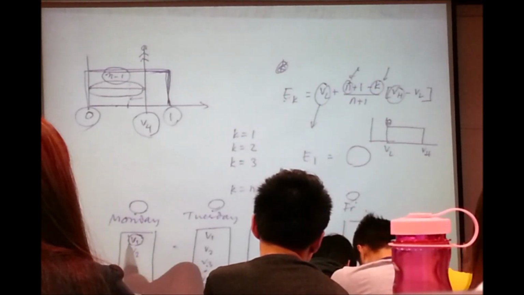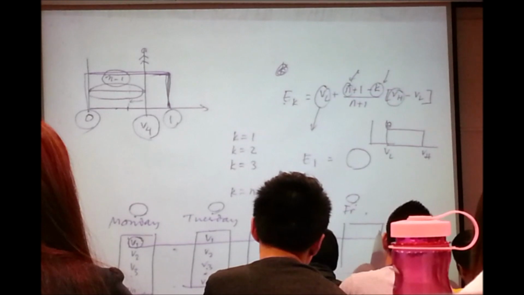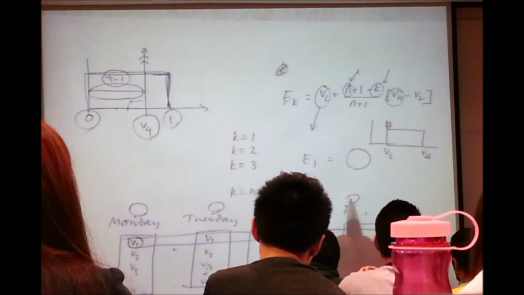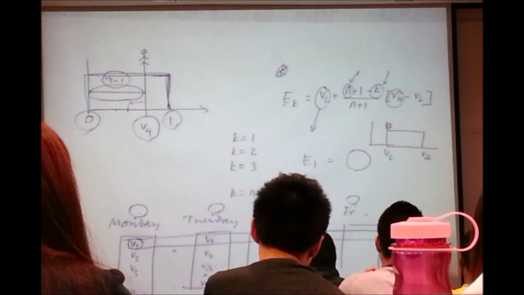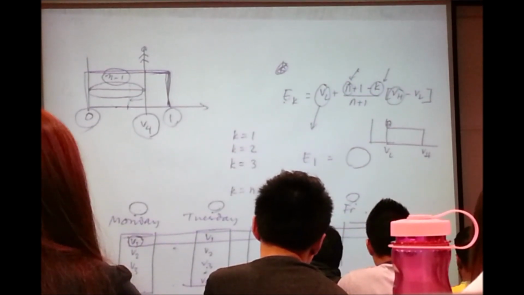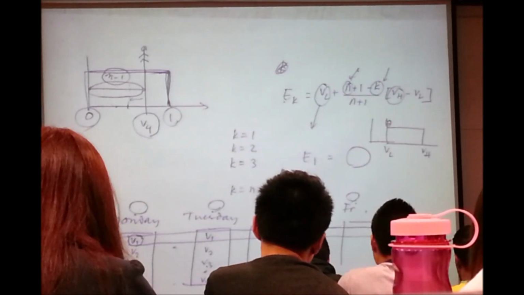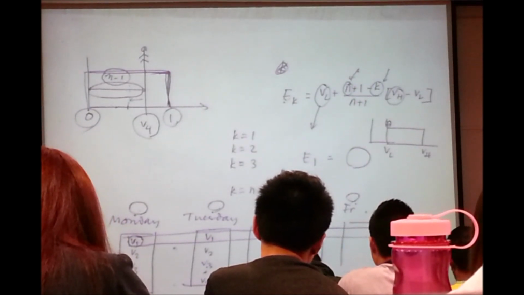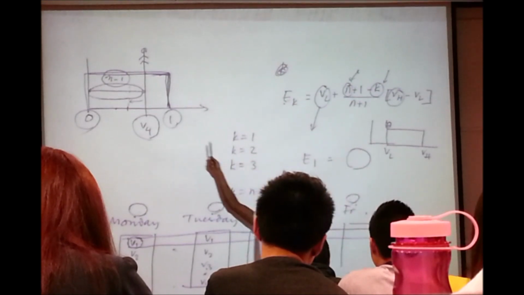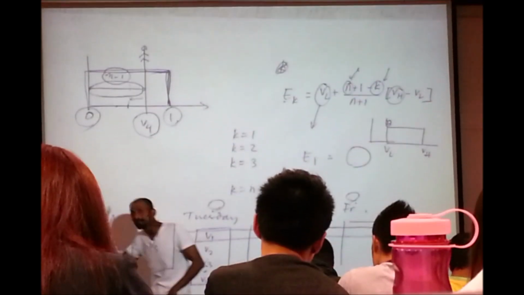But if I add these highest valuations up across all possible groups of n people here and divide by the number of groups, I will get E1, the expected highest valuation. On average, this is the highest valuation that a bidder in this distribution will have. That's what it means, on average.